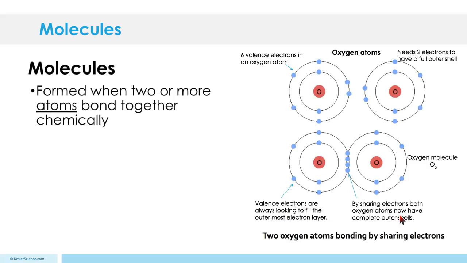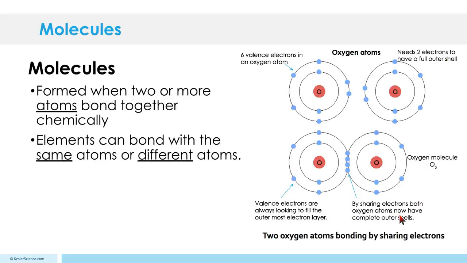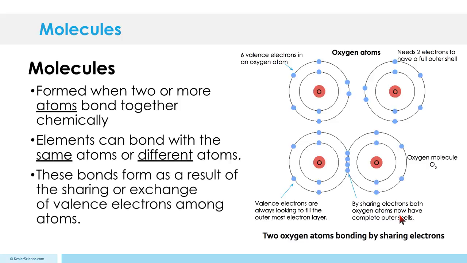So let's take a look at this example of oxygen, formed when 2 or more atoms bond chemically together. Elements can bond with the same atoms or different atoms. These bonds form as a result of the sharing or exchange of valence electrons.